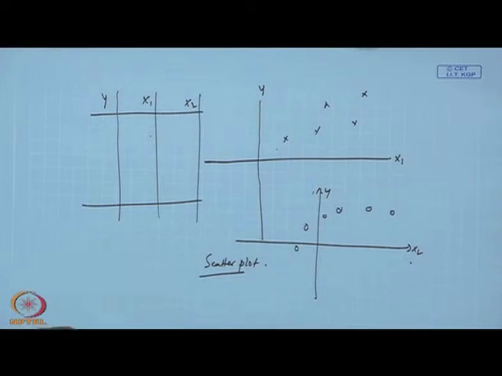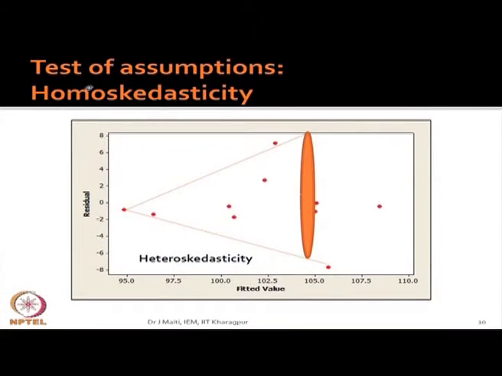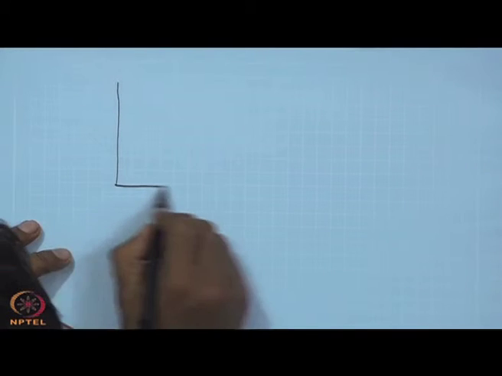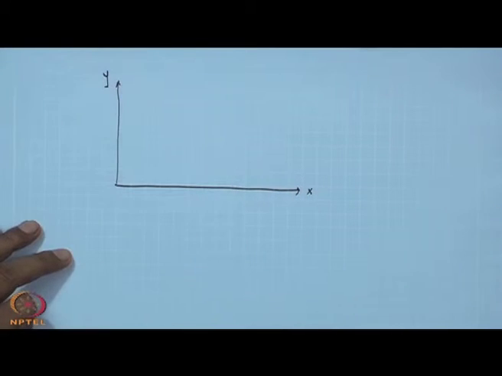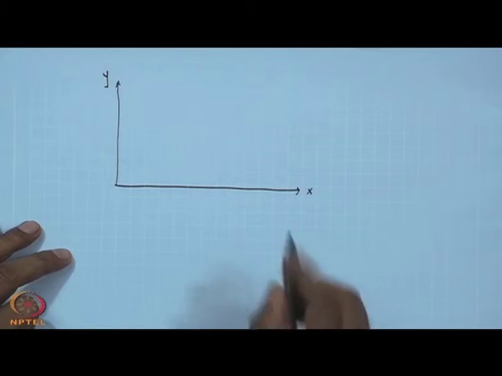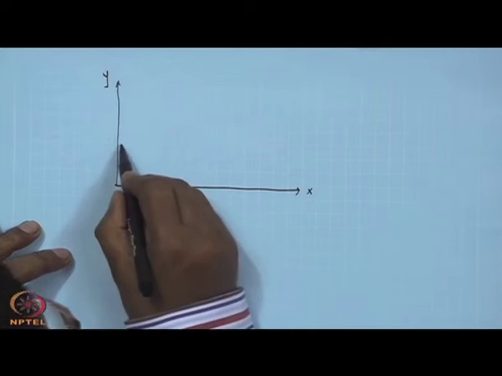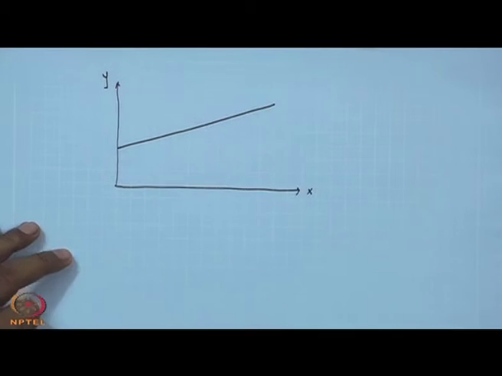Our second assumption is homoscedasticity. By homoscedasticity we mean equal error variance. Basically our assumption was like this: suppose you are going through an x and y plot, let x be only one variable and you are doing regression fitting.